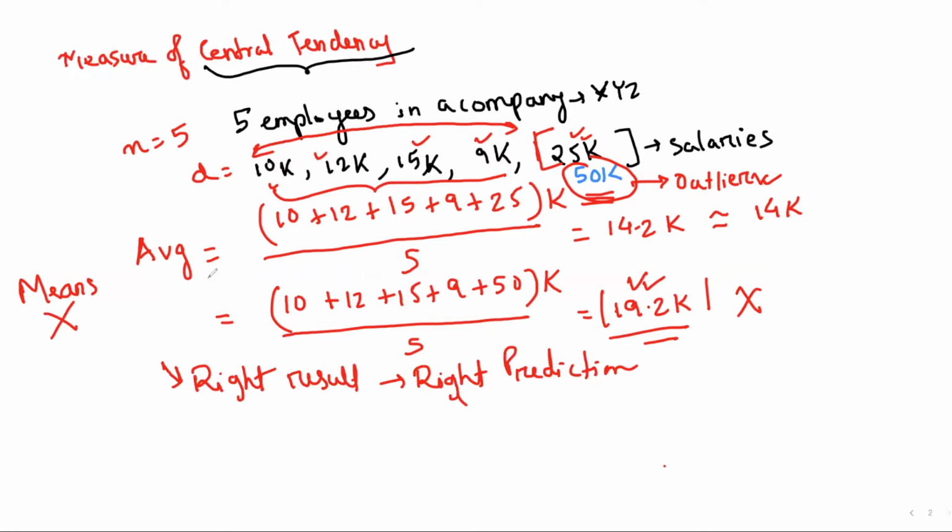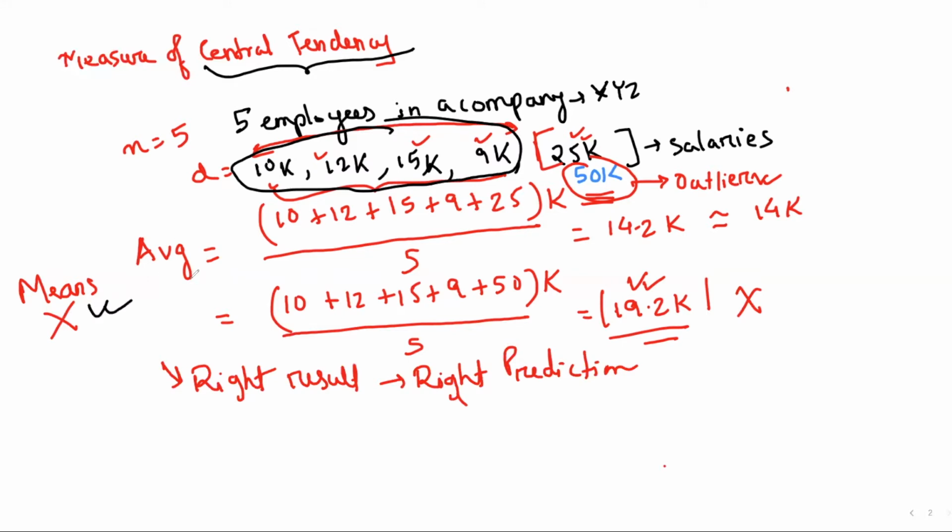Why? Simply because it is not in between this particular range. We don't know, right? So our job is to make this particular average in between this range, which is not possible with the help of mean.